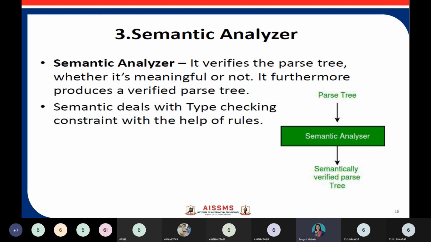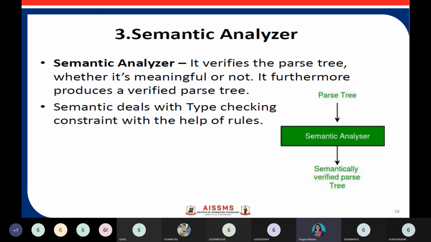This semantic check is done by the semantic analyzer: whether the sentence makes meaning, whether the assignment statements are valid or invalid, that is what it finds out, and accordingly the output is the verified parse tree, right?